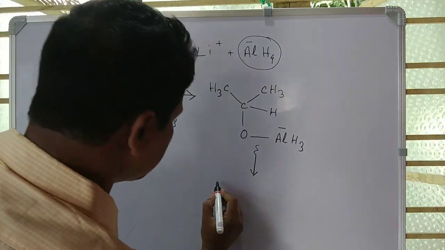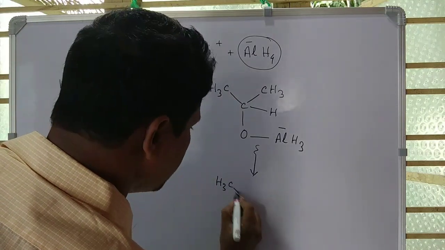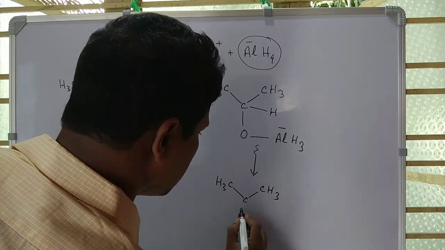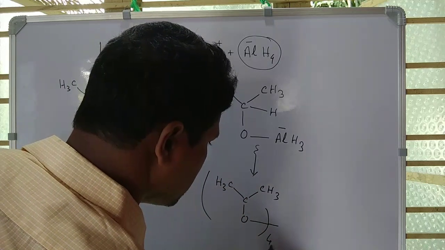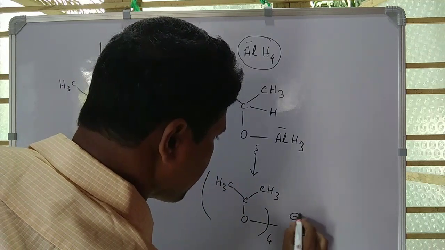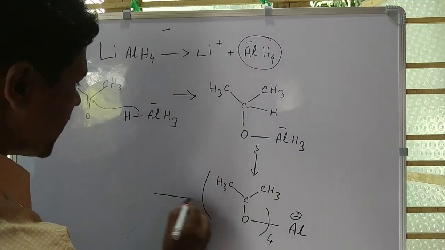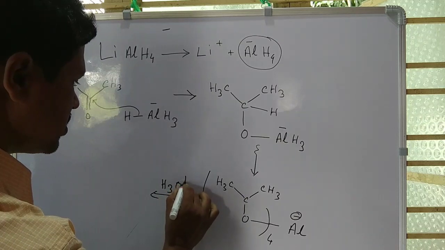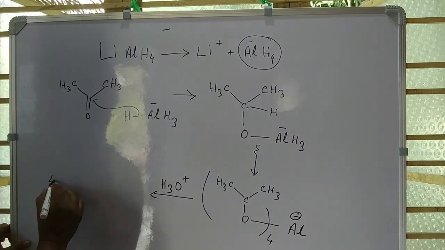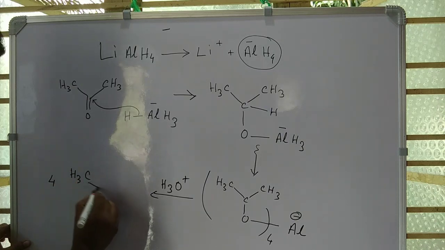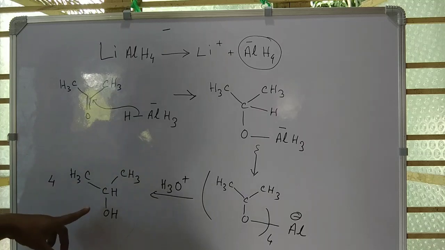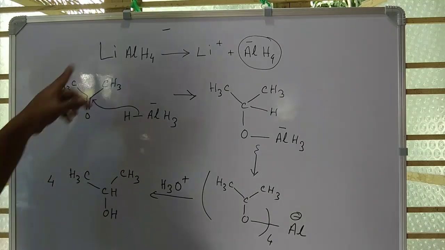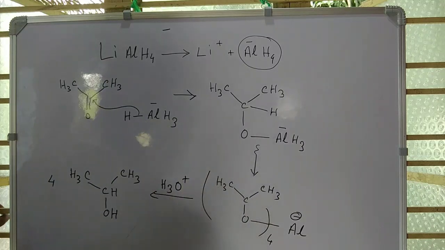Then we get CH3O that type of compound, which undergoes hydrolysis to form isopropyl alcohol. So acetone is reduced to isopropyl alcohol, and this is the mechanism of how hydride ion shift occurs.